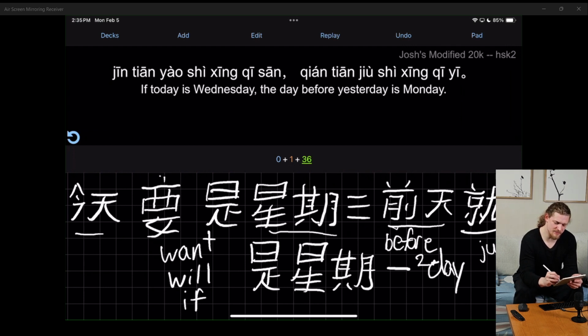Now here, this word jiu doesn't really mean just. It's really kind of ephemeral and abstract, the meaning of jiu.